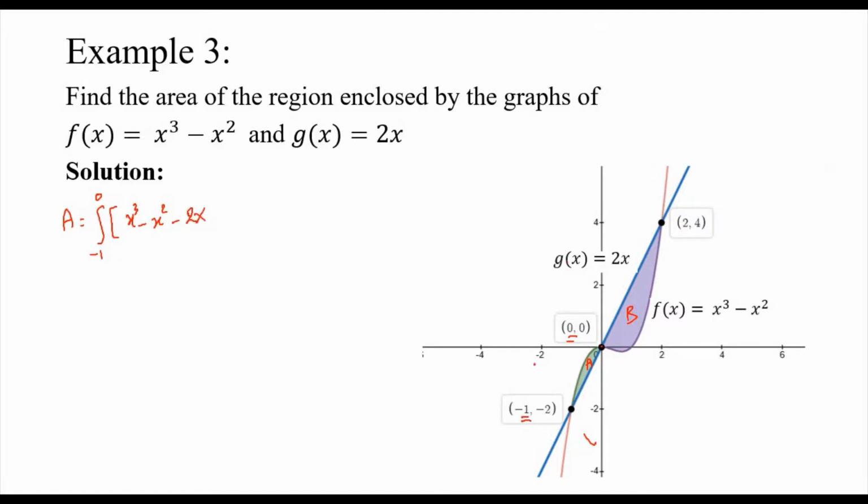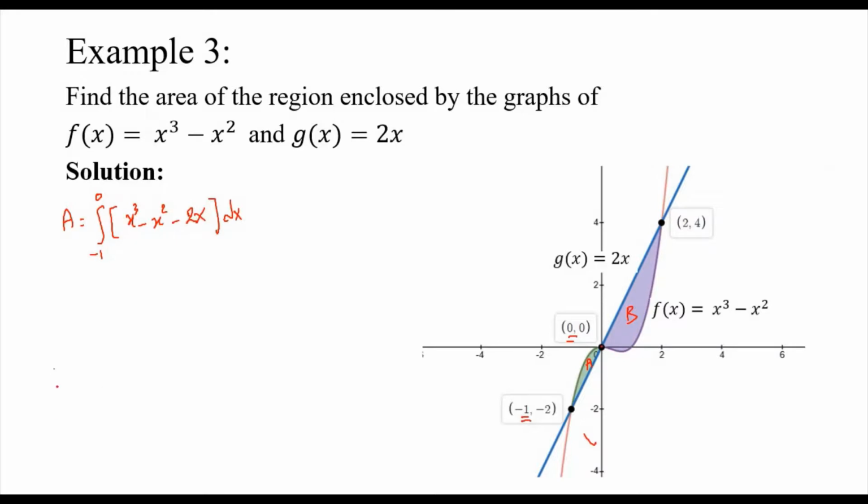Again, all of this can be done on Desmos. To find the boundaries, you just click on the intersection points, and then you can recognize the top function and the bottom function, or the top curve and the bottom curve, using Desmos directly. So this is the first one, dx, and then I am going to figure out the answer here.